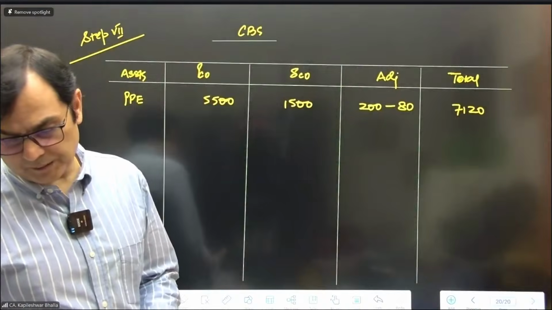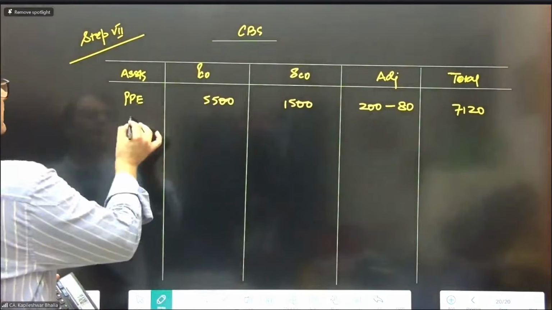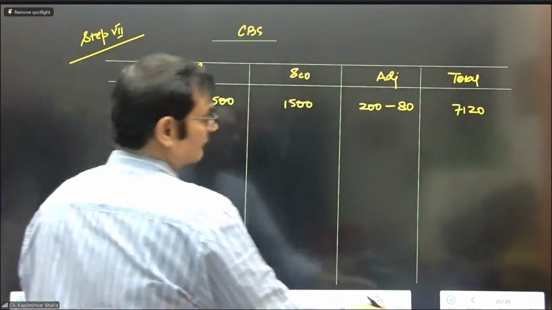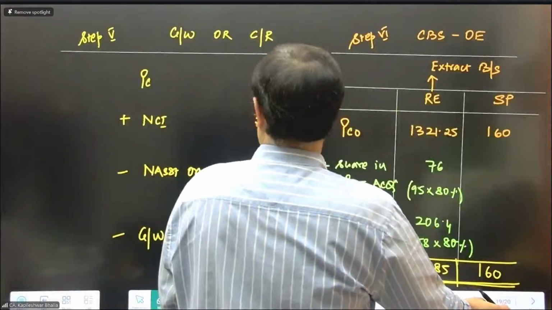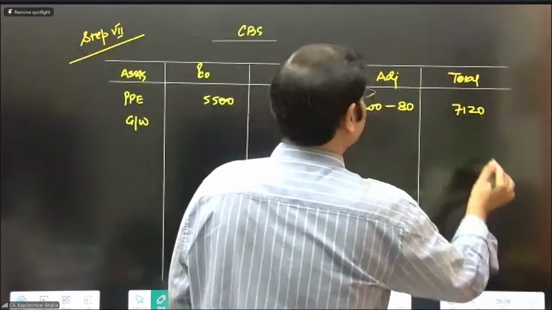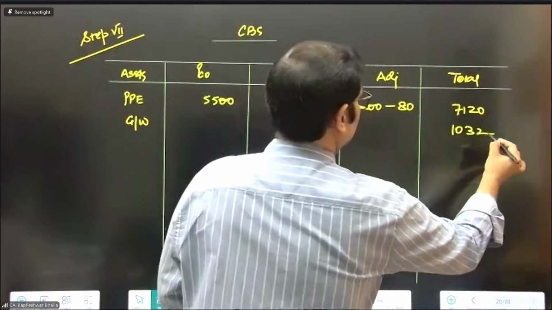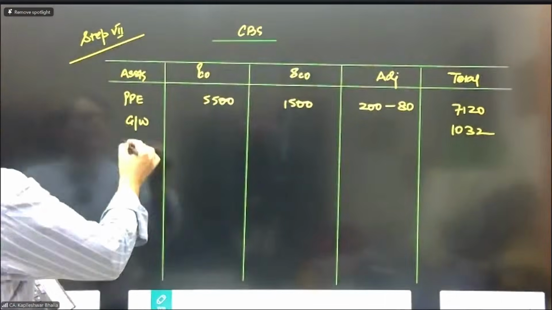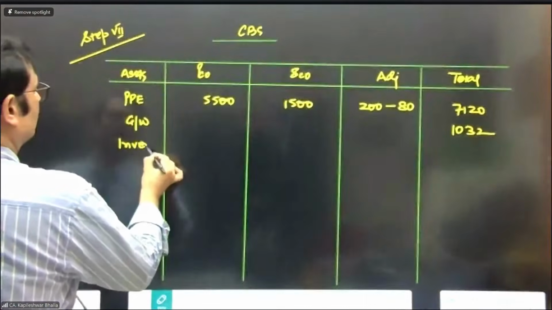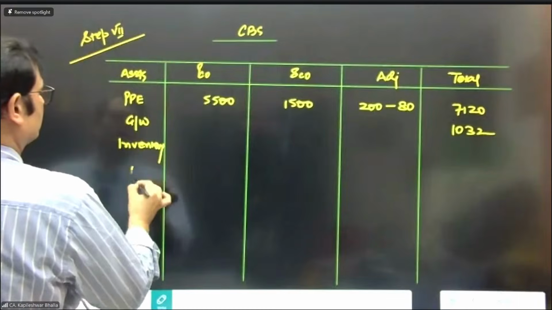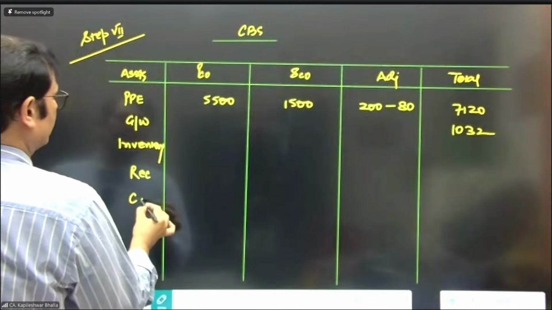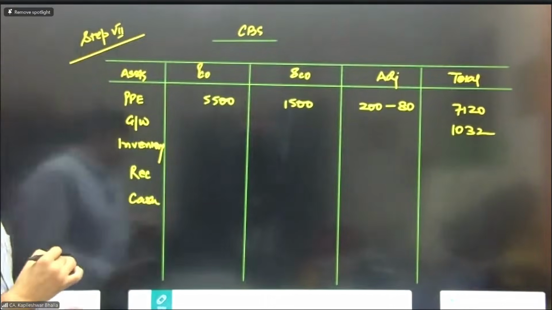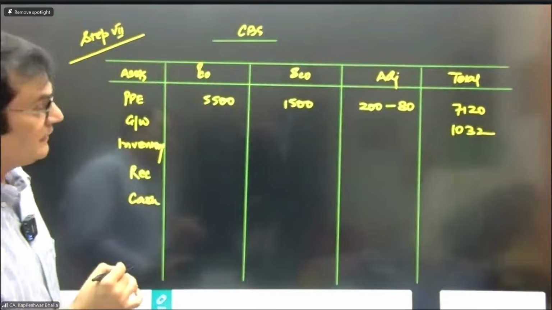Investments will, of course, not appear in the balance sheet, but lest we forget, we consider goodwill. Goodwill was to the tune of 1,032. Then there is inventory, receivables, as well as cash. Inventory is 550 and 100.